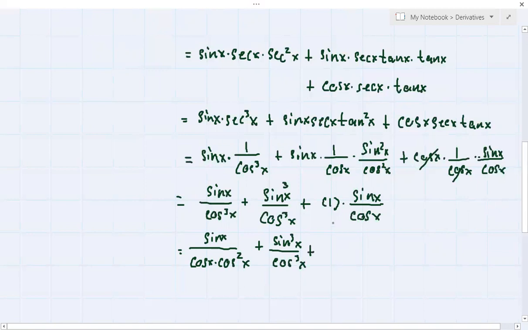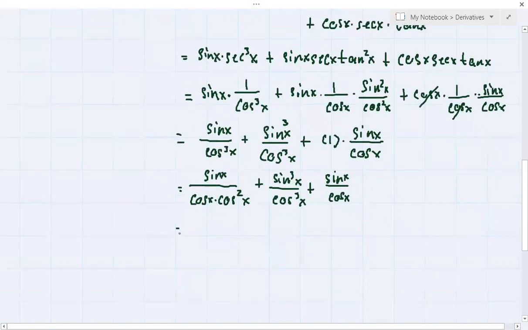Then, sa dulo, 1 times sin x all over cosine x. Ganun pa rin siya. Okay? Yan. So, we can simplify. Dito sa first term, I can separate it into 2 fractions. So, we have sin x all over cosine x times 1 all over cosine squared x. Ganyan siya. Okay? Then, let me copy the other terms.